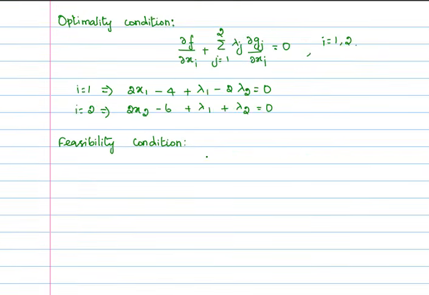So g1 is x1 plus x2 minus 3 less than or equal to 0. Second is 2x1 plus x2 minus 2 less than or equal to 0.